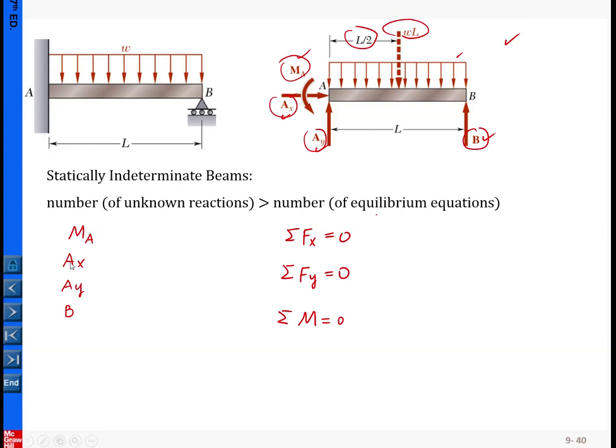So here we have 4 unknowns and 3 equations, and apparently that is a statically indeterminate problem.